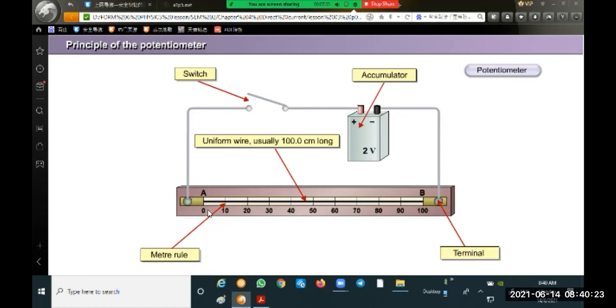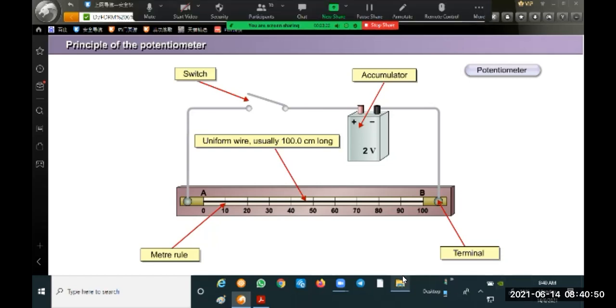We attach a meter ruler scale along the wire. The purpose of attaching the ruler is to determine the position of the divider point.